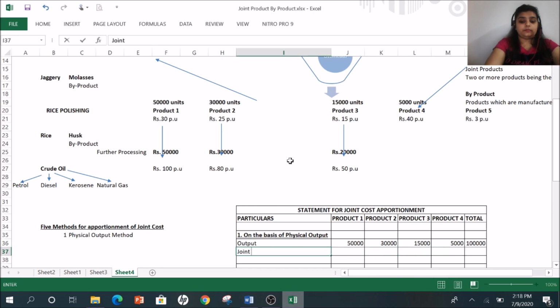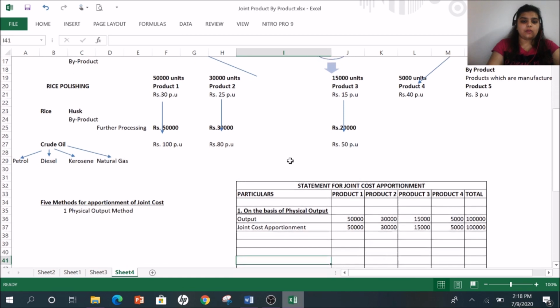So joint cost apportionment on the basis of output would be 1 lakh into 50,000 divided by the total units. So this is how we apportion the joint cost on the basis of physical output.